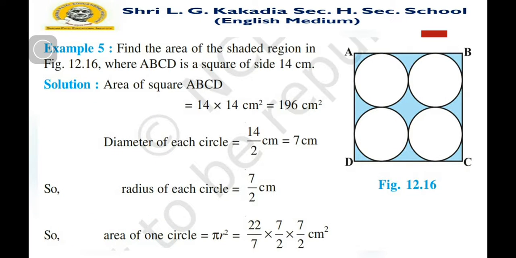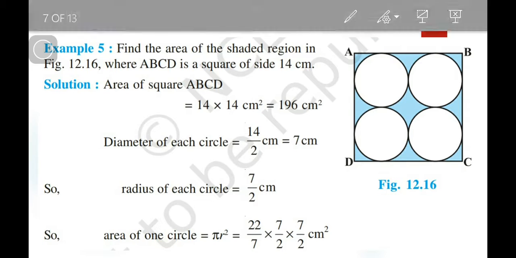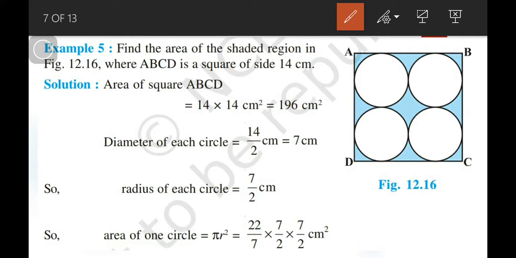Now it is given: find the area of the shaded region in the figure 12.16, where ABCD is a square of side 14 centimeter. Now you can see here, we want to find the area of the shaded region, meaning the blue color area.